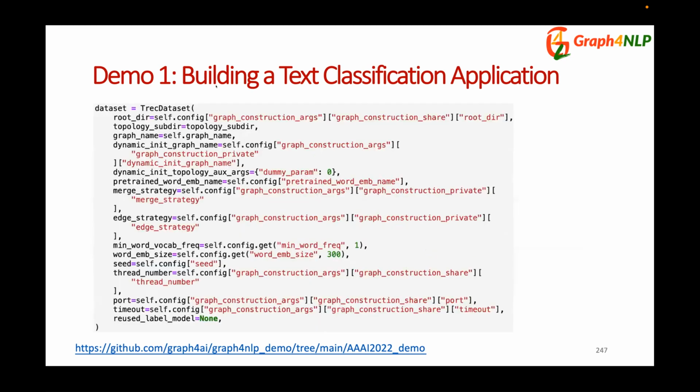And this is the dataset API. Some important parameters include this graph name, because if we want to use static graph construction, which is conducted during the preprocessing stage, we will need to specify it when we create this dataset API, like whether it's a dependency graph or IE graph and so on.